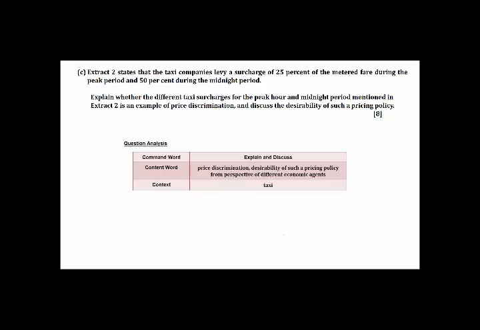All right, the higher order question. This is an 8-mark question, asking you whether the surcharge of 25% for the peak period and 50% during the midnight period are examples of price discrimination. So you need to explain whether.